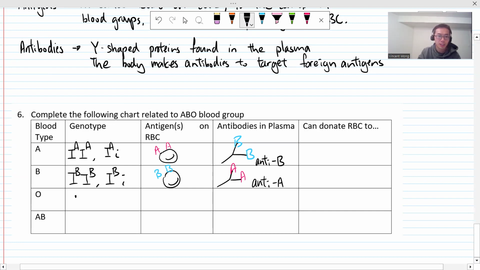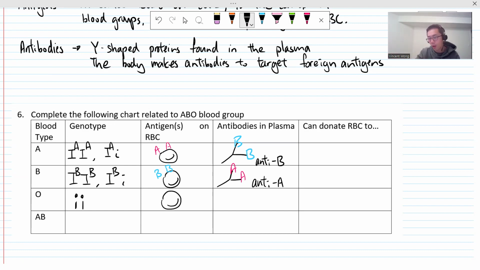Okay. The genotype for type O is little i, little i. Little i is a gene, but it doesn't make anything. So on the surface is nothing. No A, no B. There might be other stuff from other blood groups, but there's no A or B on it. So what kind of antibodies does a type O person have in their plasma?